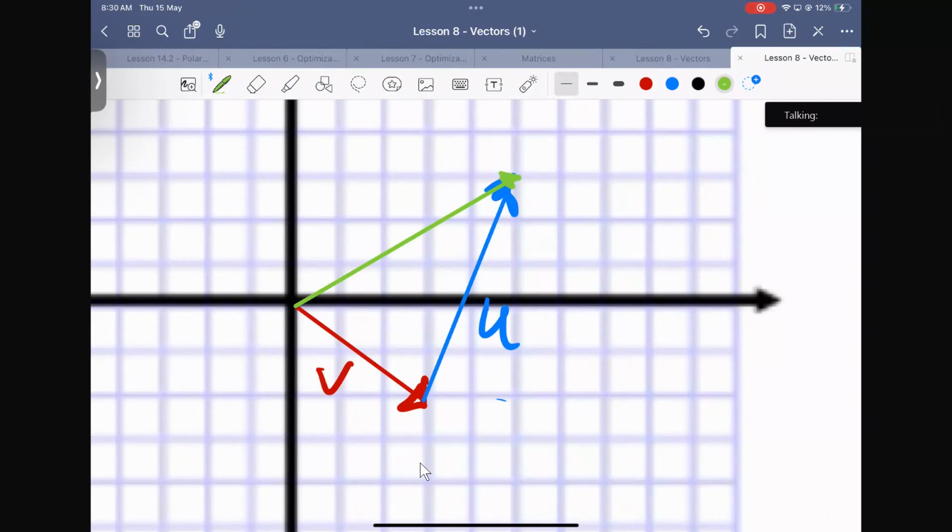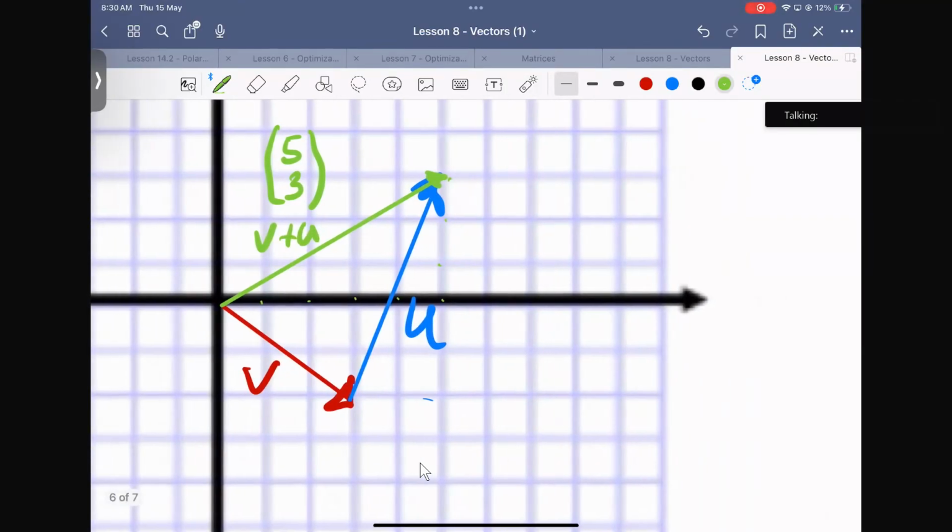Can you count how many across and how many up? 1, 2, 3, 4. How many across? 5. So this is 5, and how many up? 3. Our resultant vector is v plus u, 5, 3.